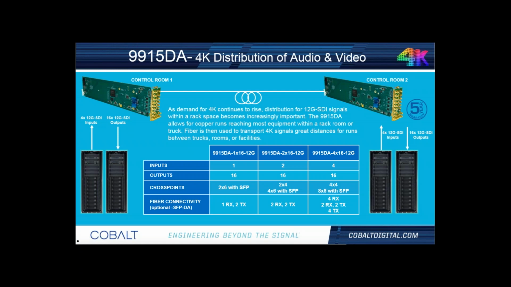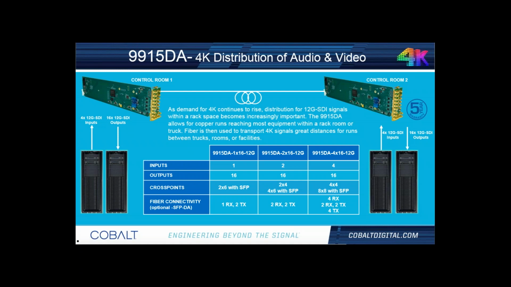And now we have this other card that's essentially a DA, a distribution amplifier for 12G. This is sort of a unique product because we also have a built-in capability to support SFP input and output points. So depending on the SFP, we can have either fiber or even IP, and it's got a built-in crosspoint that allows it to behave like the router card in a way.